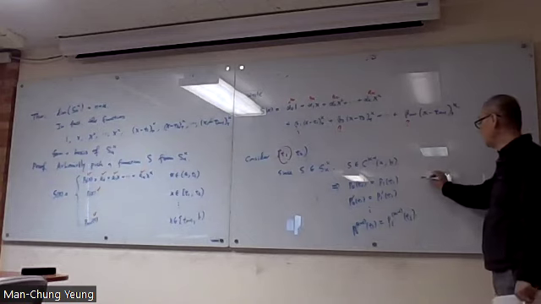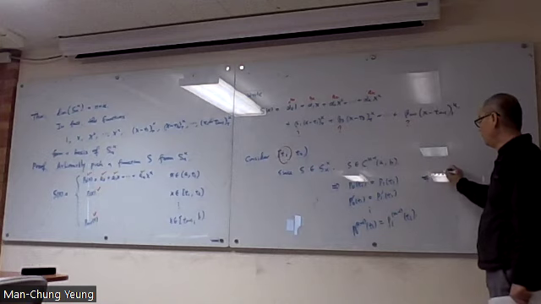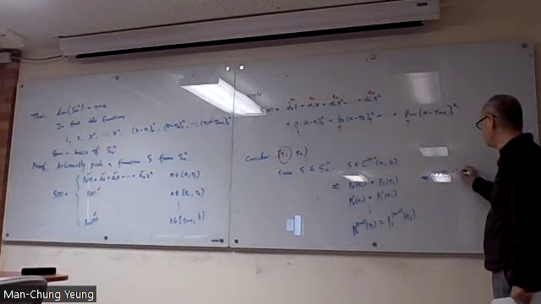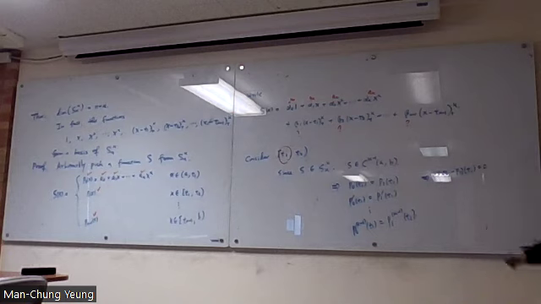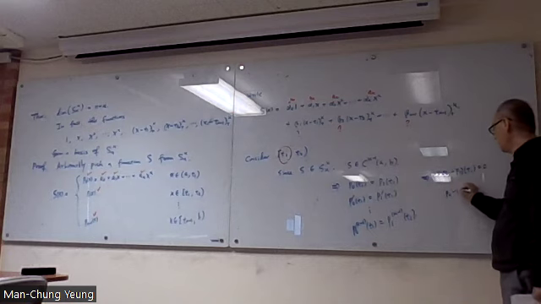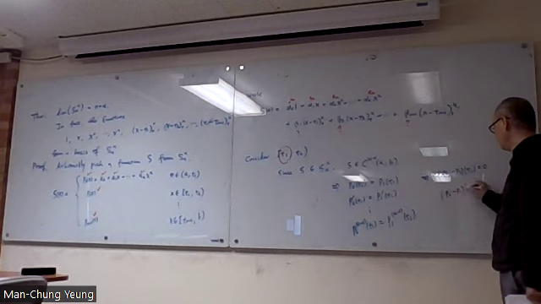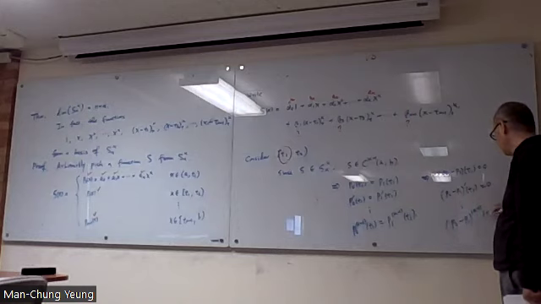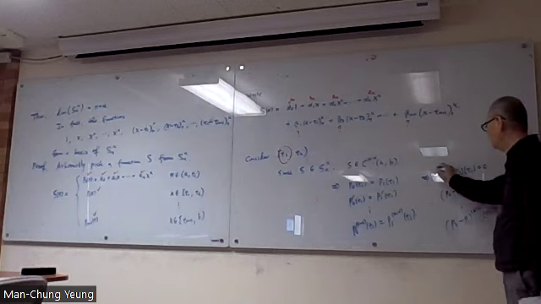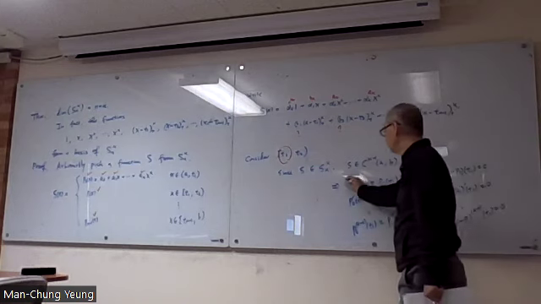This implies that, moving right side to left side, P0 minus P1 at T1 is 0. P0 minus P1 derivative at T1 is 0, and so on. P0 minus P1, taking derivative K minus 1 times at T1, is 0. Same. Okay.